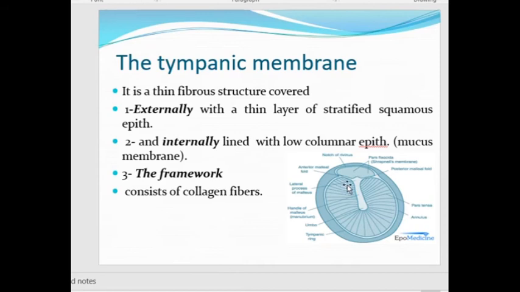The small part is called the pars flaccida, and it is deficient in the middle layer. In some textbooks they say it is not absent, but less well developed in this part of the tympanic membrane.